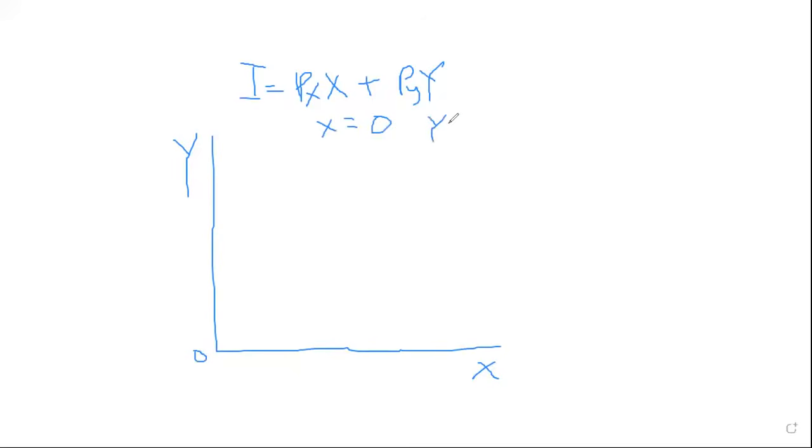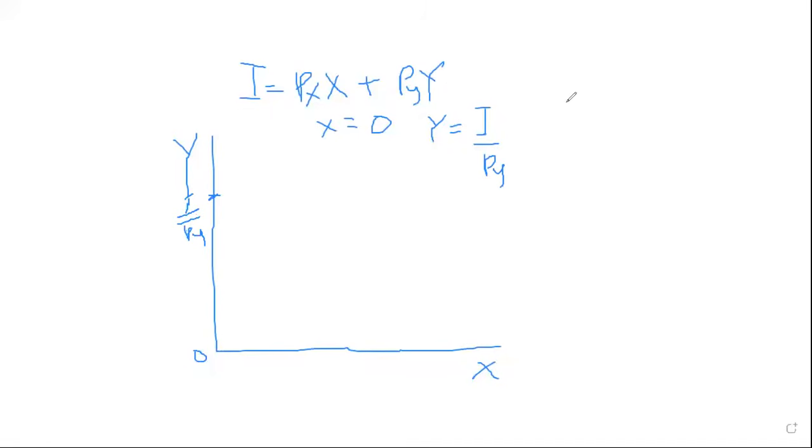Y will be equal to the income of the consumer divided by the price of Y. So that gives us 1 point here.